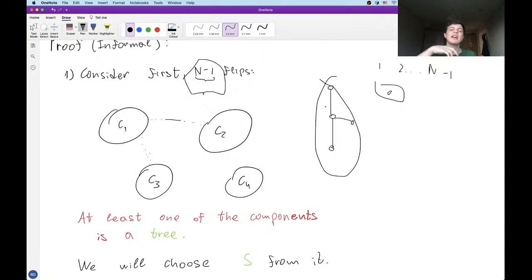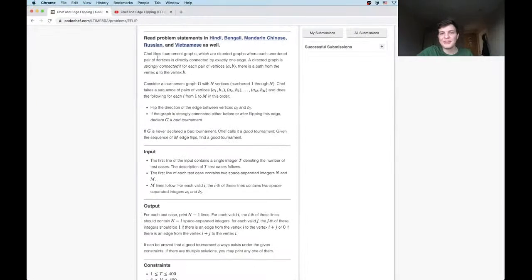As far as I know, I have seen some problems where you use this fact to build a construction, where you start the construction using the tree and then, for example, connect the other components to the tree. It's another pretty cool fact. It's also kind of obvious, but if you haven't seen it before, maybe you won't realize it. I hope this is helpful. Maybe you will use it in the future.